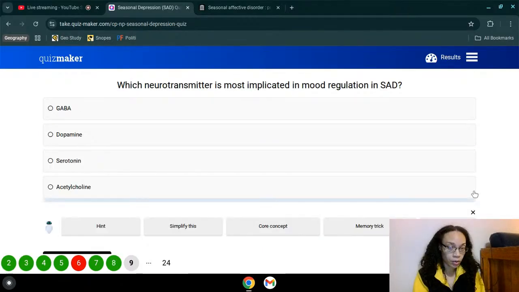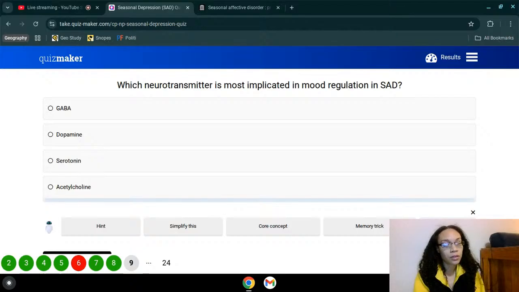Which neurotransmitter is most implicated in mood regulation in SAD? GABA, dopamine, serotonin, acetylcholine. Which neurotransmitter? Acetylcholine is a neurotransmitter.